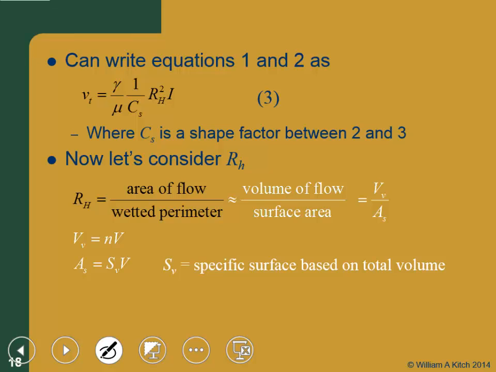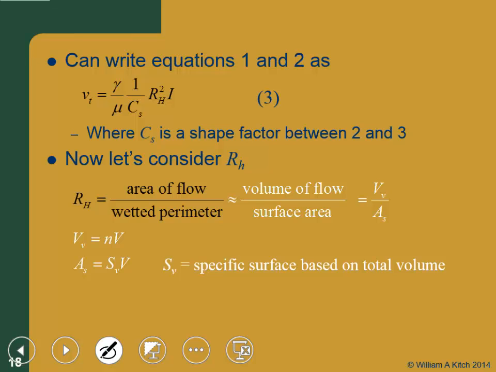But all right, the volume of the voids is just the porosity times the total volume. And if we knew the specific surface, in other words, the surface area as a function of the volume, if I knew for a given volume what the surface area of the materials in there was, then the surface area is just going to be the specific surface times the total volume.